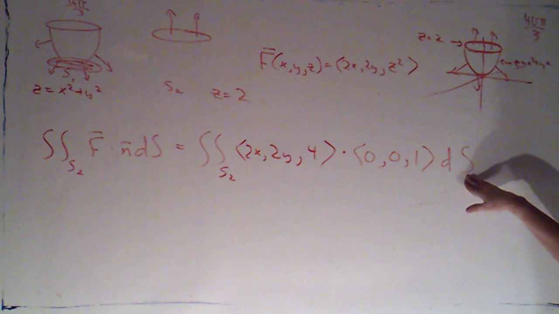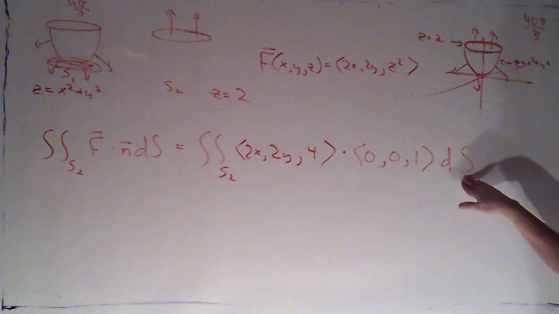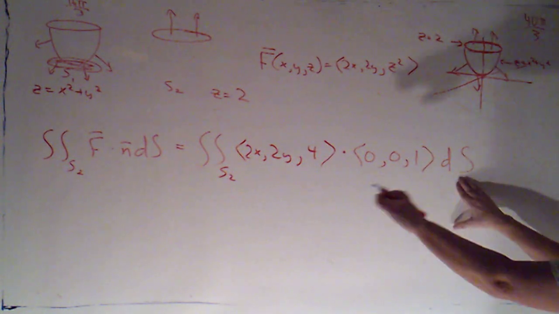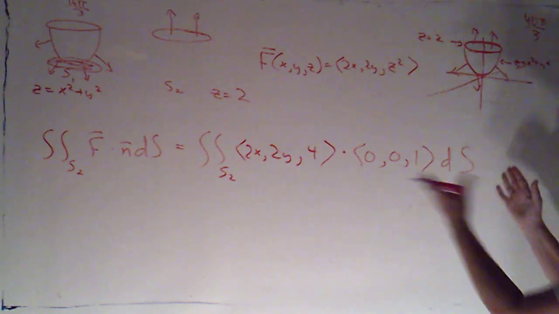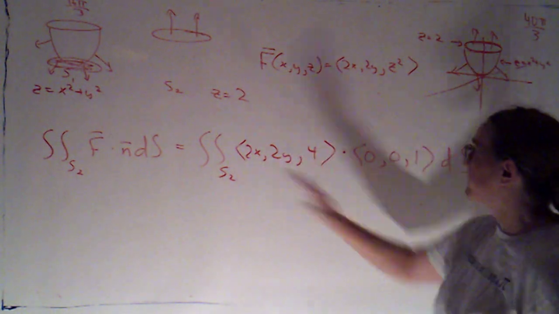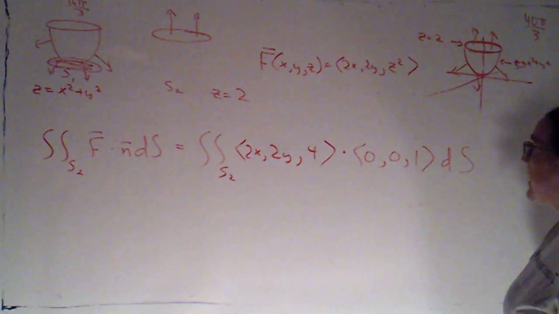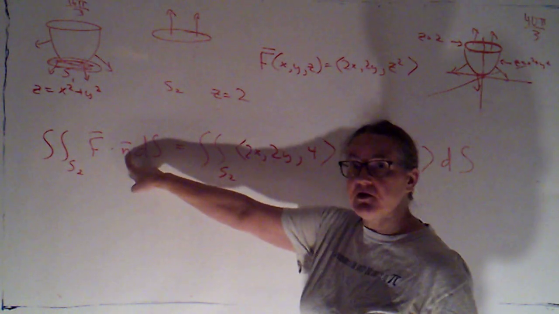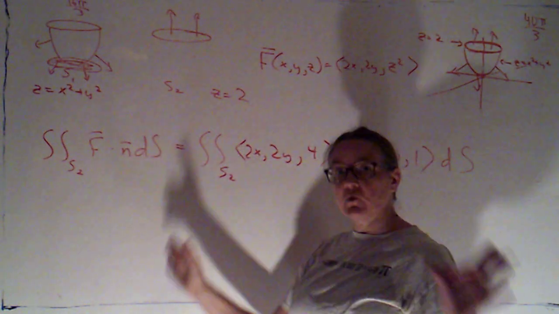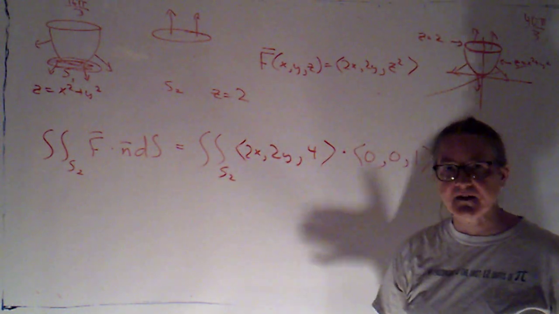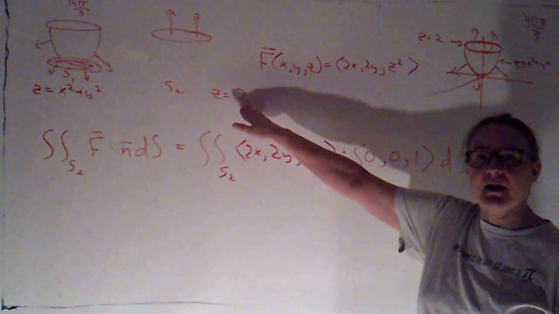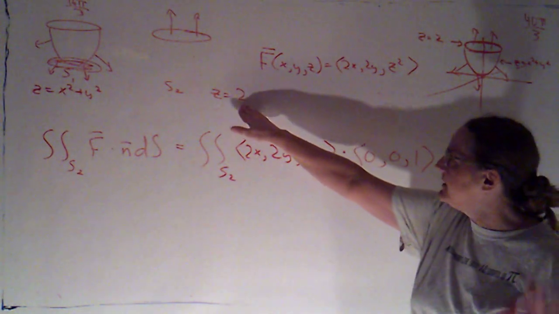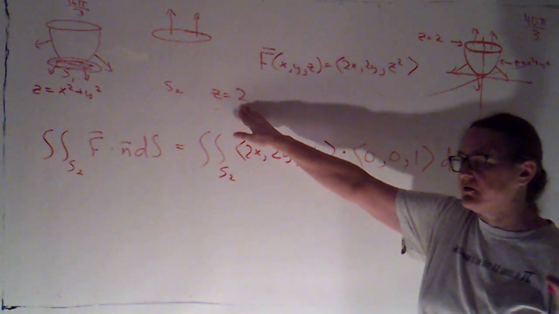Now, I'm still writing this as my surface integral, because I've kept it in terms of S2 right here, and I can, because I actually found the unit normal vector. I didn't worry about parametrizing my surface. It happened that the z's dropped out because on this plane, all my z values are 2, okay?